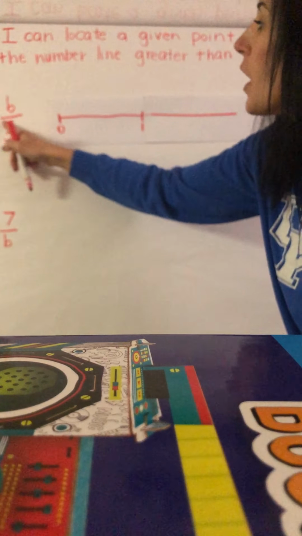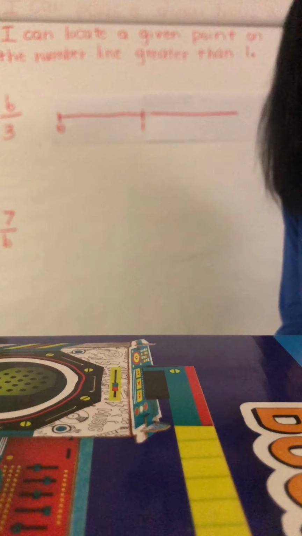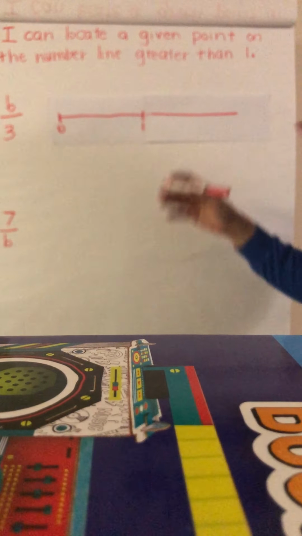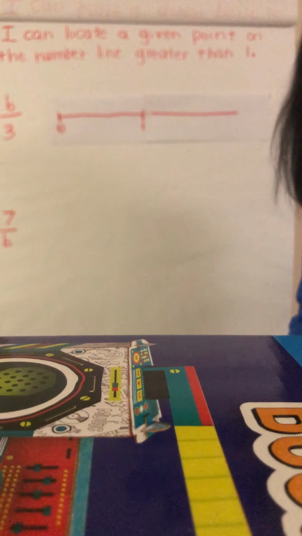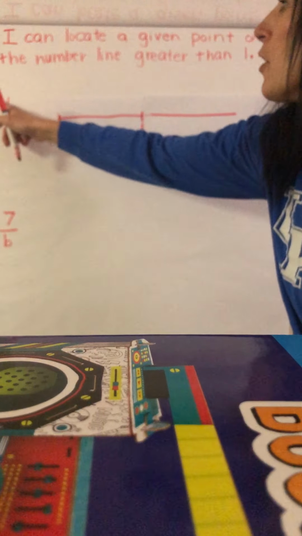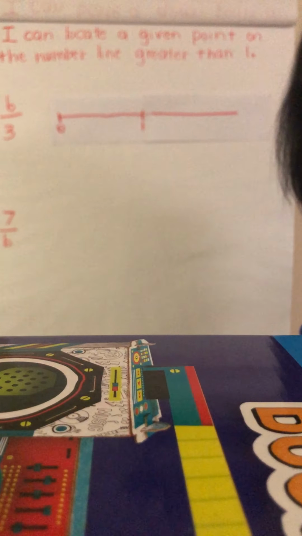The denominator tells me that I'm going to partition my whole, between 0 and 1, into 3 parts. The numerator, my top number, tells me that I'm going to have 6 parts.